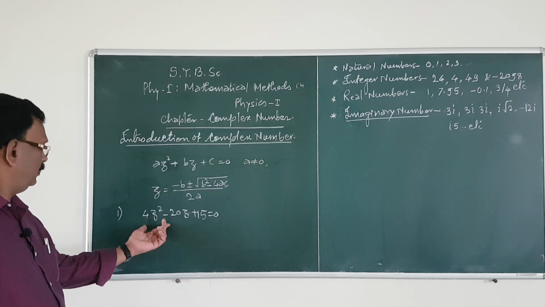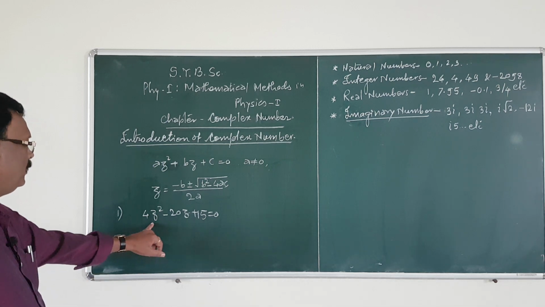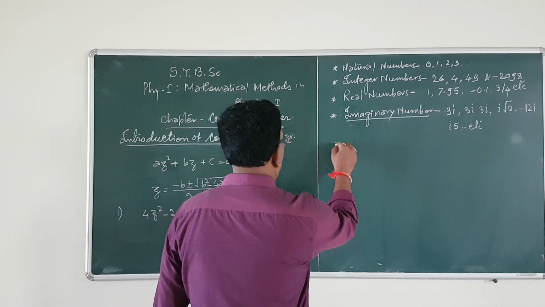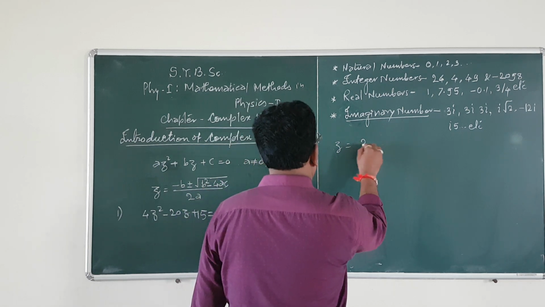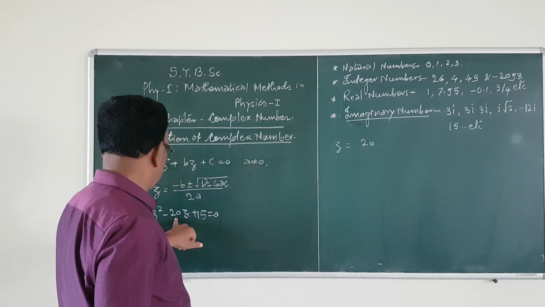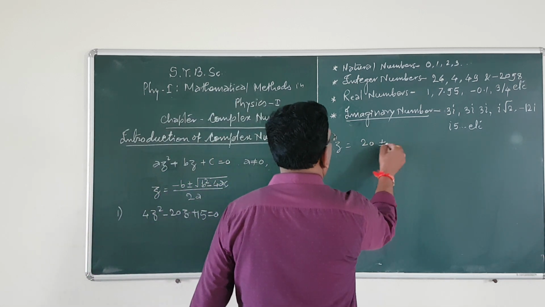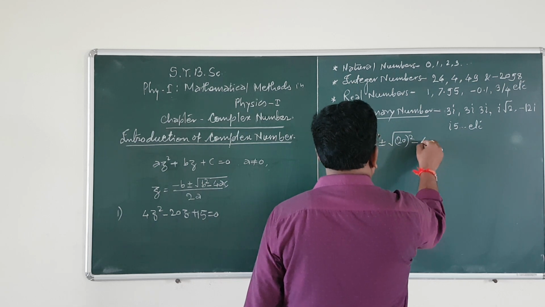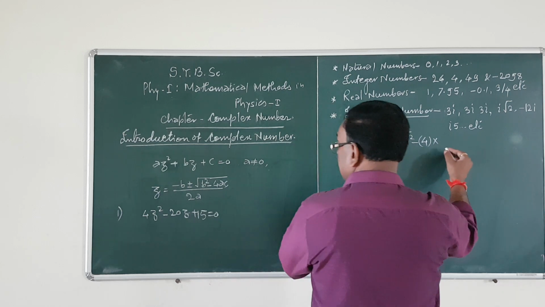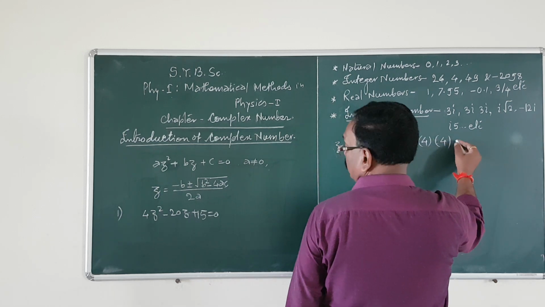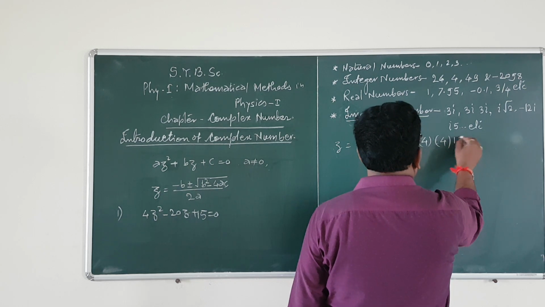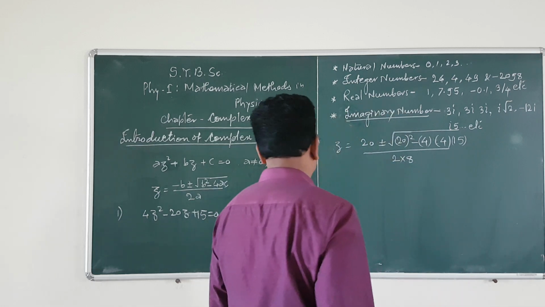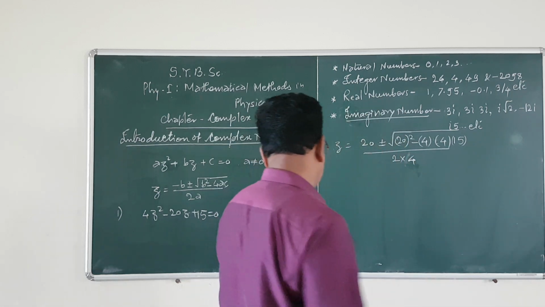Now to determine the roots of this equation, consider this equation and determine the roots. z is equal to minus b, the value of b is minus 20, therefore 20 plus minus root b square, that is square of 20, minus 4 into the value of a, which is 4, into c, the value of c is 15, upon 2 into 4, where 4 is the value of a.